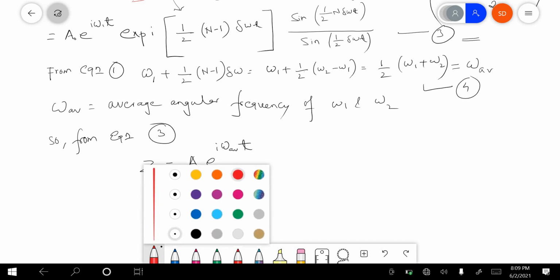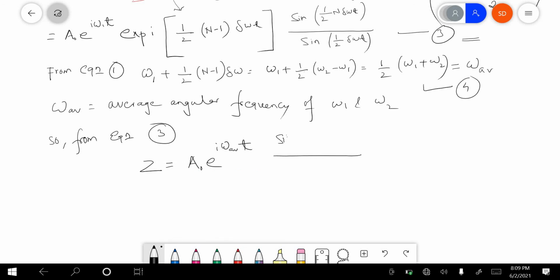Next, sine half n del omega t over sine half del omega t, from equation 3. This is equation number 5.